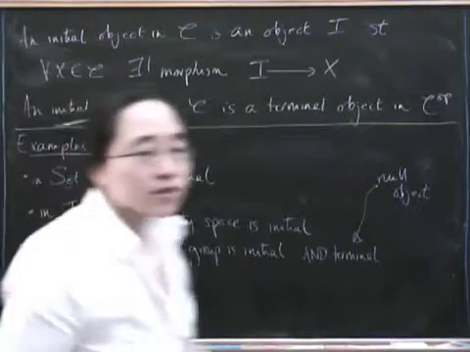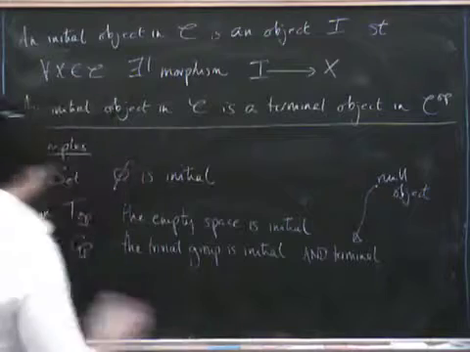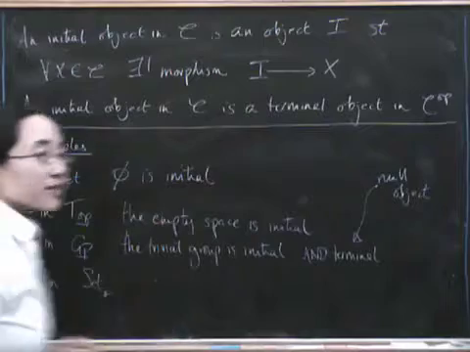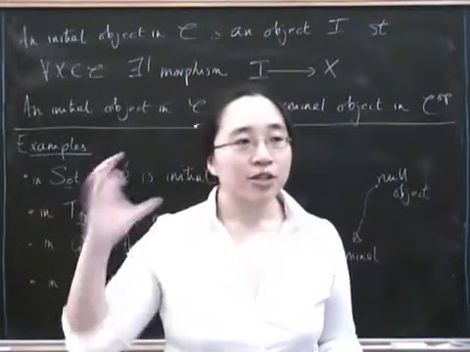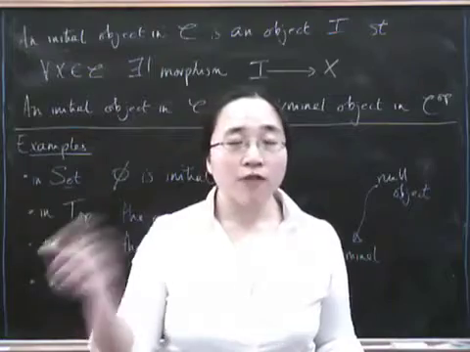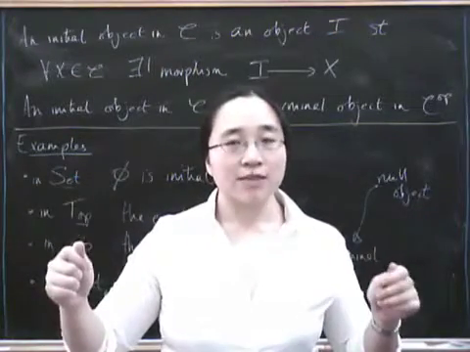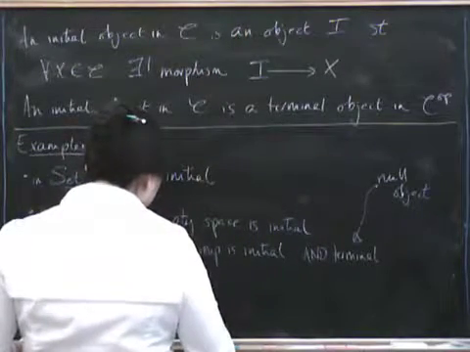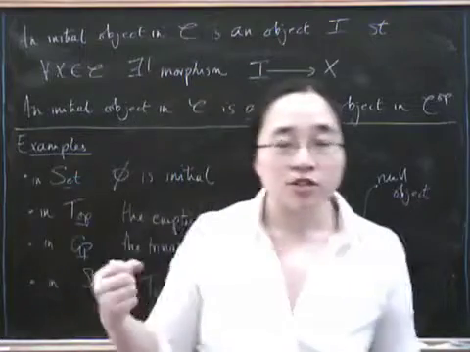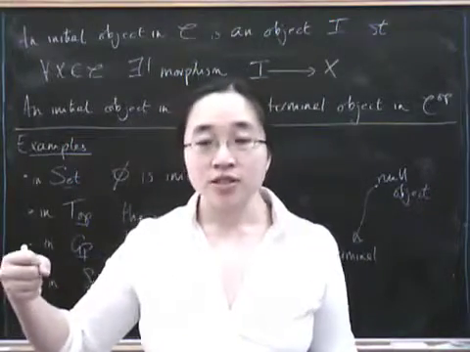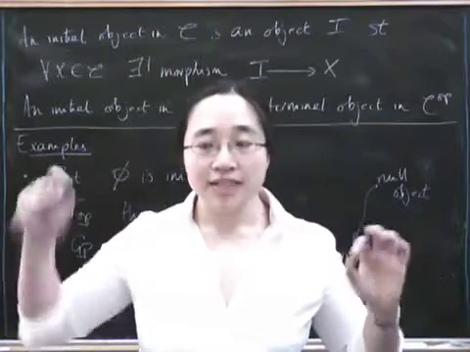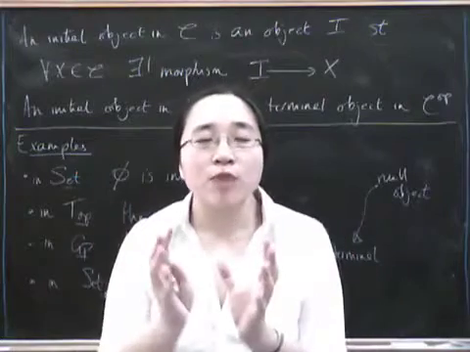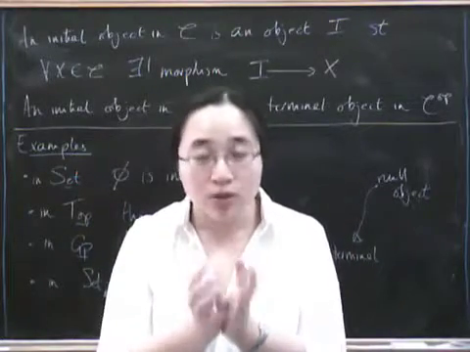There are other categories with objects that are terminal and initial. For example, if you think about the category of pointed sets, a pointed set is a set with a chosen element, the point, and the morphisms between them have to take the chosen element to the chosen element, so they're base point preserving. And also you can think about based spaces, where a based space is a topological space with a chosen point, called the base point, and the maps between them are continuous maps that take the base point to the base point. Now, in both of these cases, the smallest object you could possibly have isn't empty anymore because it has to have a base point.